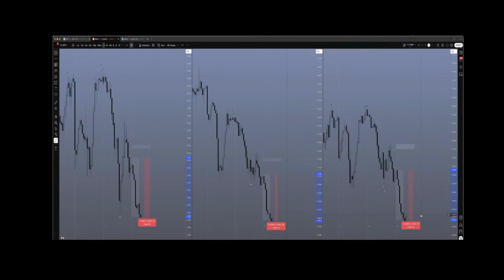Sell side liquidity pools for a buy, but Asia's clearly expanded. So that's an XAMD session profile.